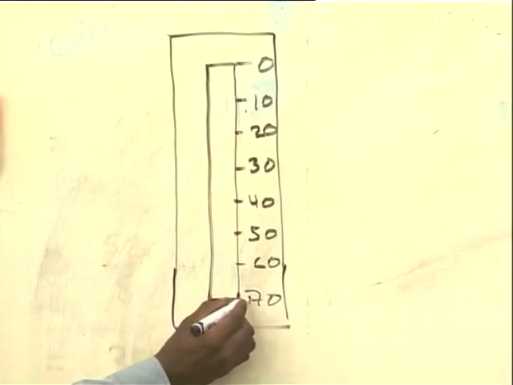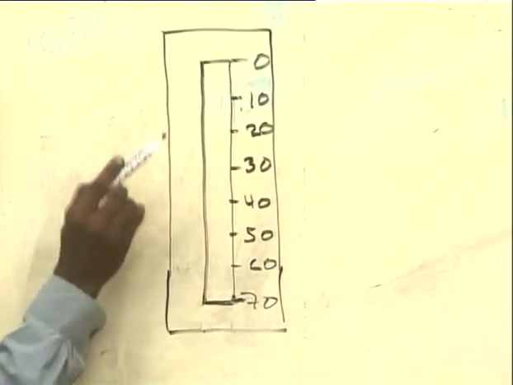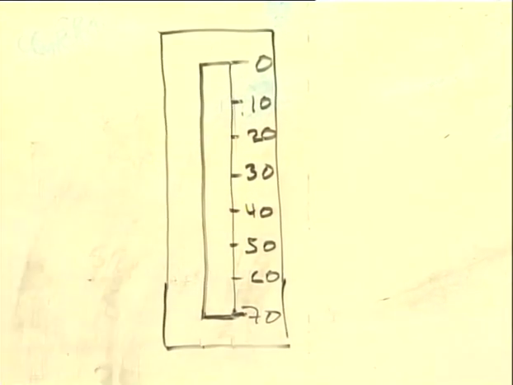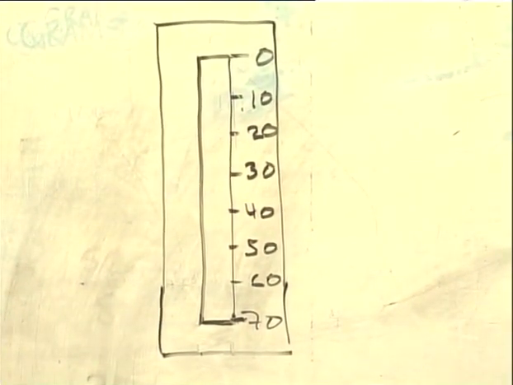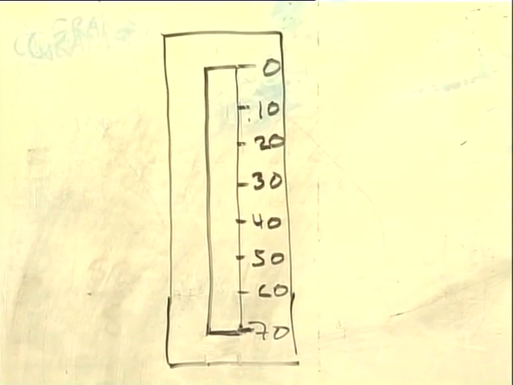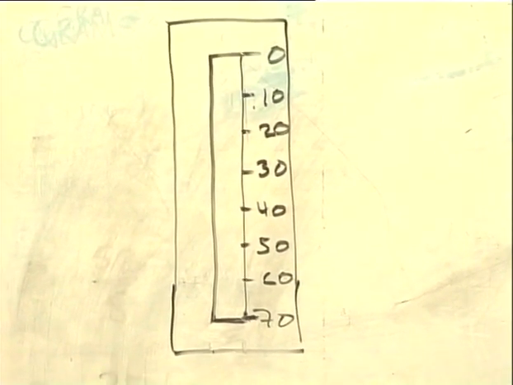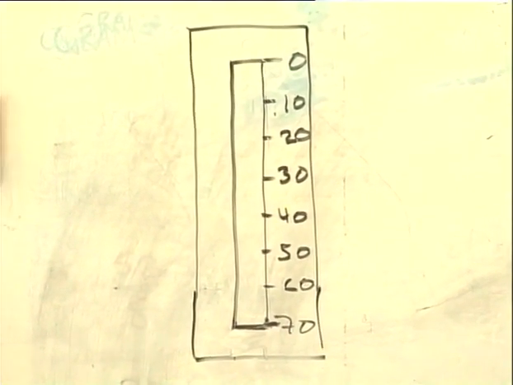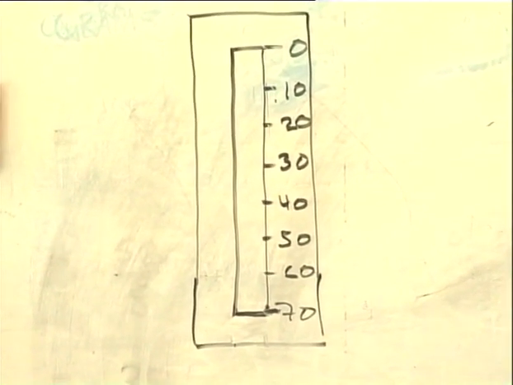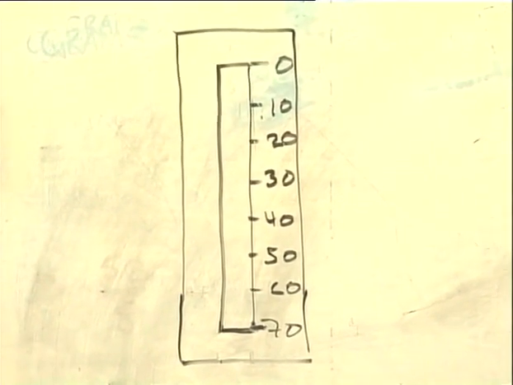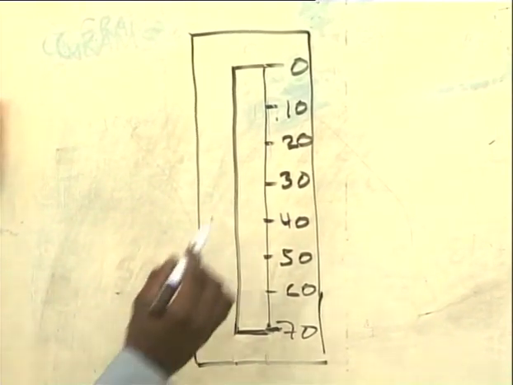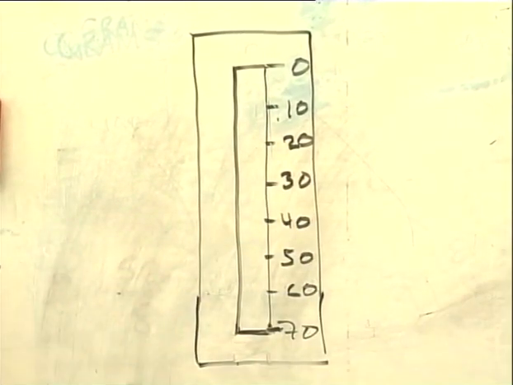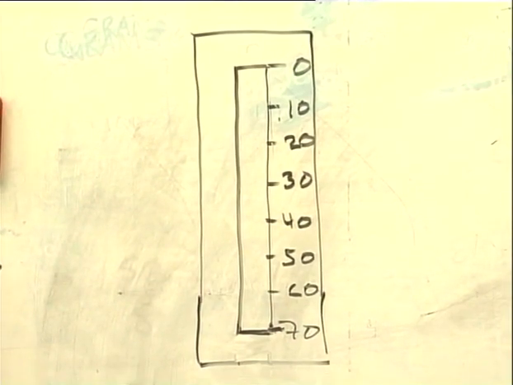Okay, 7. So how many do you think is between 0 and 10? Donald? 5. Okay, 5 scale divisions.